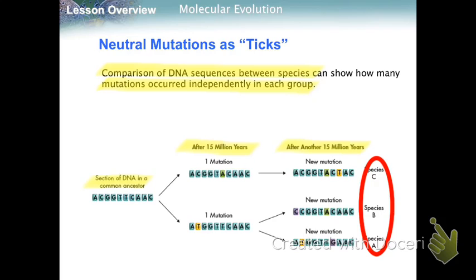So here's the sequence, the original right here. After 15 million years, we see one mutation here and one mutation here. After another 15 million years, now we have two mutations, the original one from here and then another one.